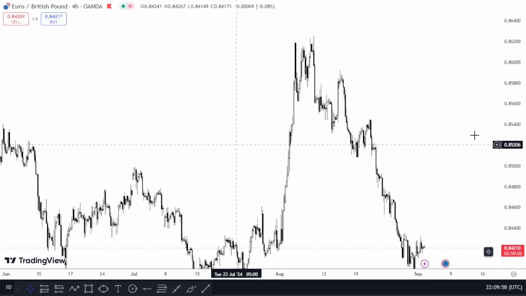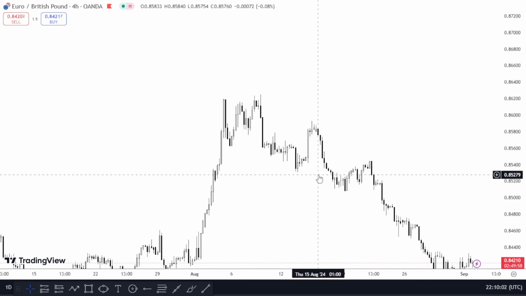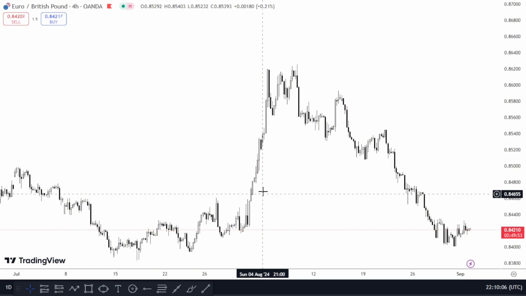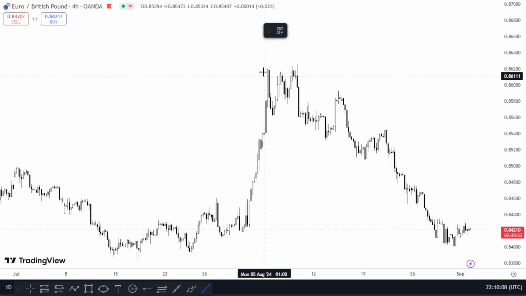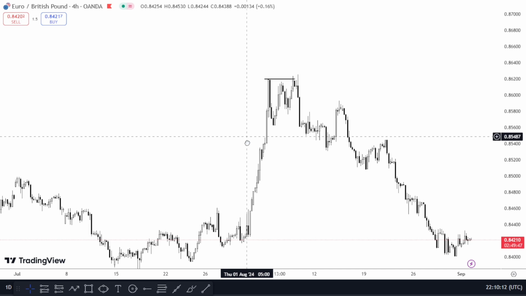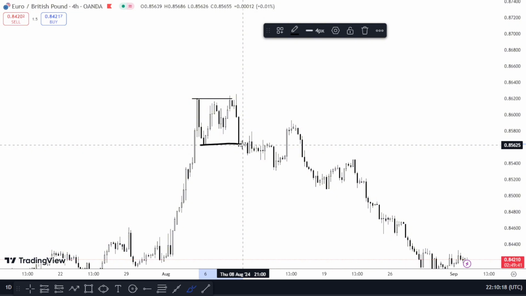Well, the thing is, do you identify these? It's the major important thing here. That's what is really important to us. So right here we have a sweep of liquidity. We have our sweep of liquidity. We have a break of structure.